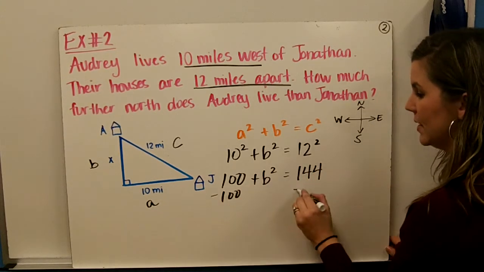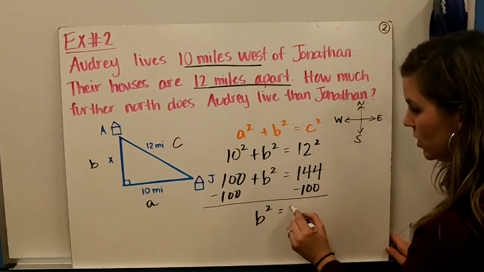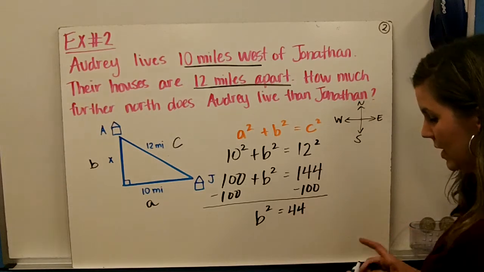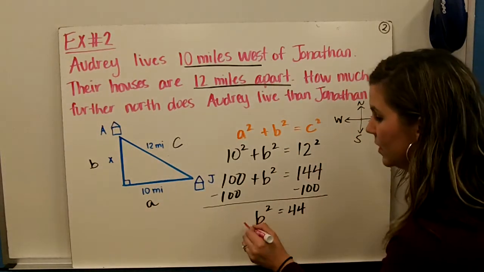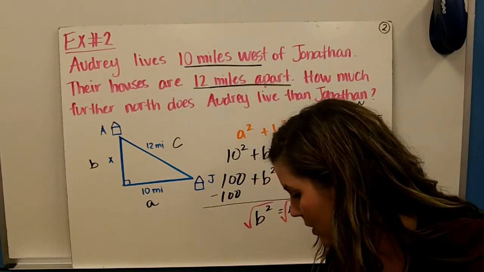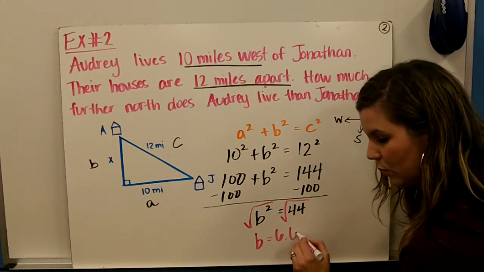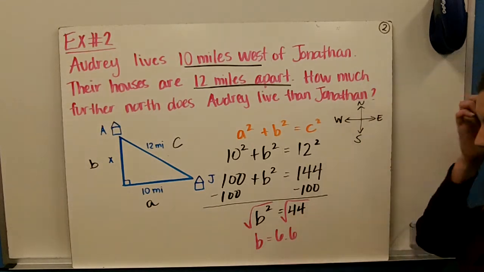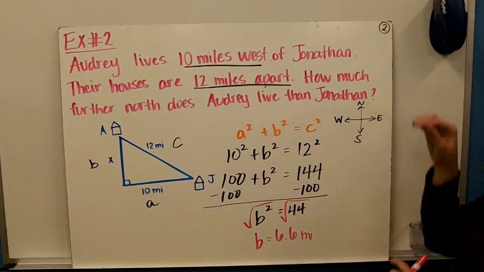Subtract 100 from both sides. B squared equals 44. And remember to take the square root of both sides. The square root of 44. Let's round to one decimal place. 6.63, so 6.6 miles. Remember to include units.